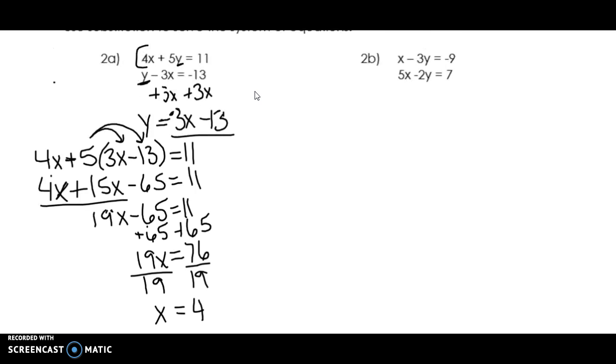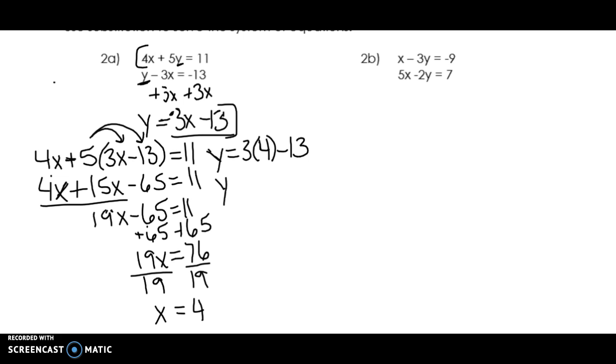So now I'm going to plug in that x equals 4 back into this equation. In this equation, I already have y by itself, so that'll be the easiest way to solve it. So I have y equals 3 times 4 minus 13.